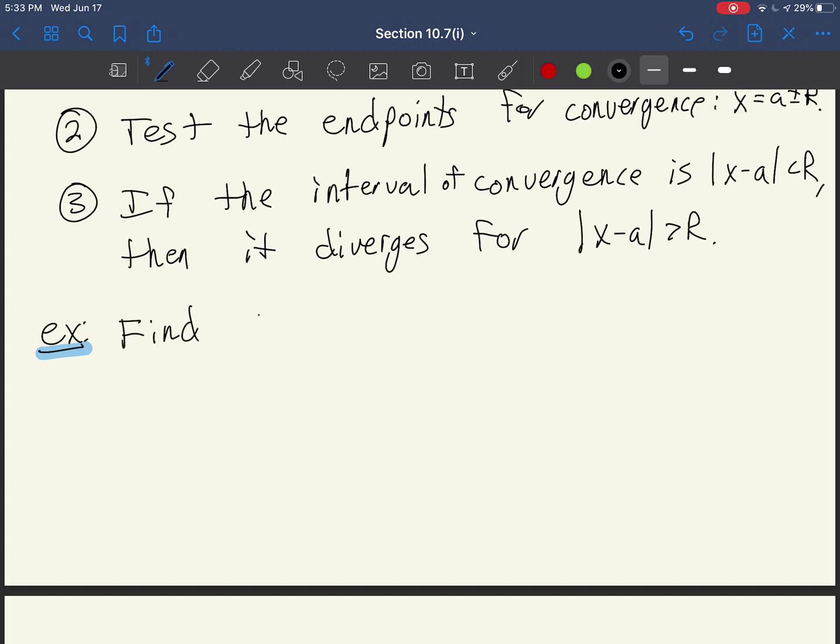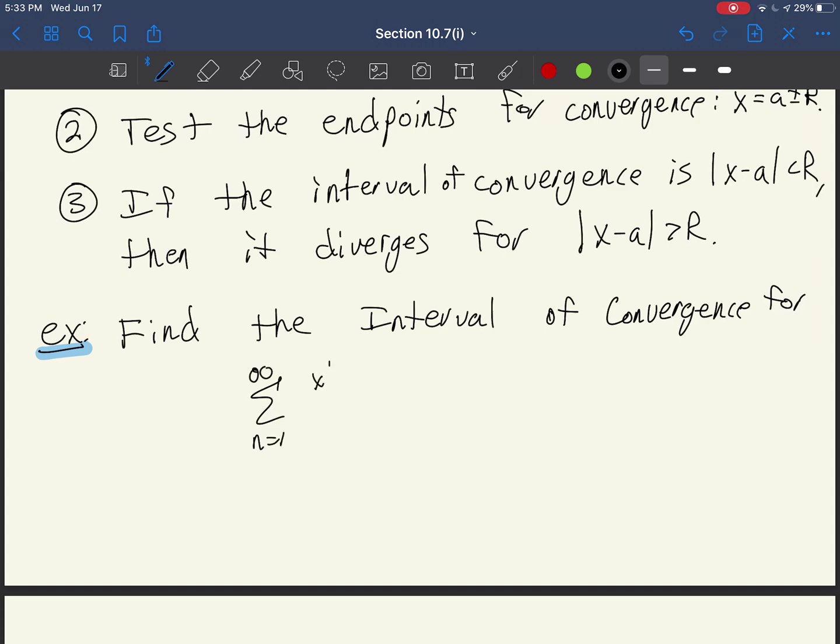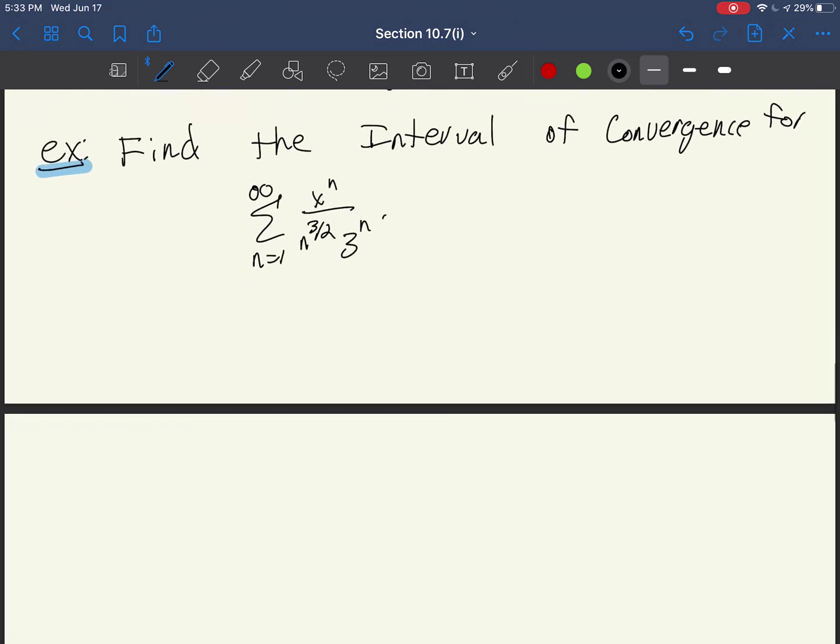So let's do an example and then call it a day. So find the interval of convergence for the summation from n equals 1 to infinity of x to the n divided by n to the 3 halves times 3 to the n.